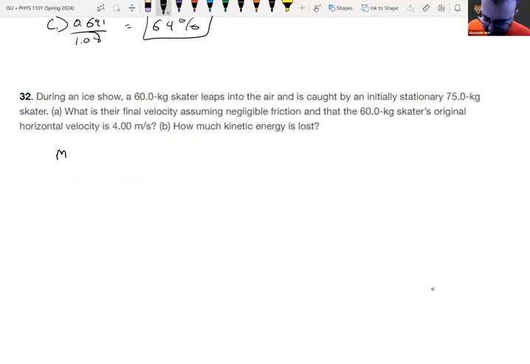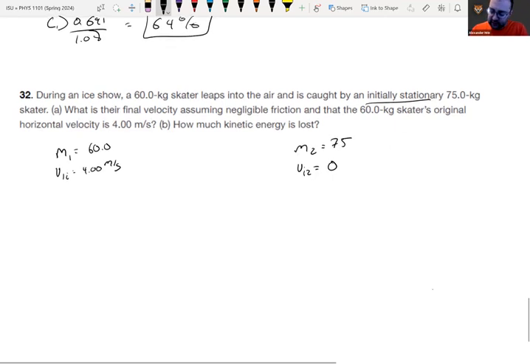I would start by saying M1 equals 60.0, M2 equals 75. V initial 2 is 0, since it is initially stationary. What is their final velocity, assuming negligible friction, and that the 60 kilogram skater's original velocity is 4.0 meters per second? So V1 initial is 4.00 meters per second.